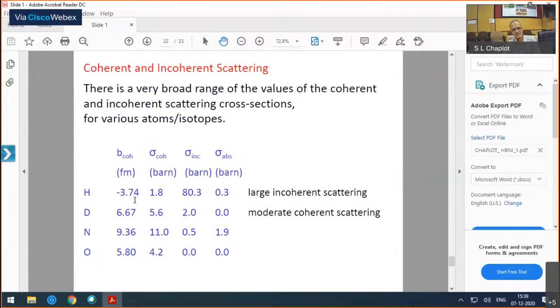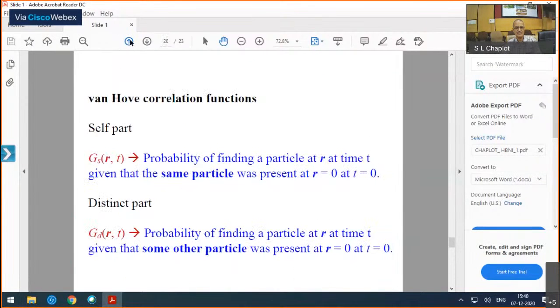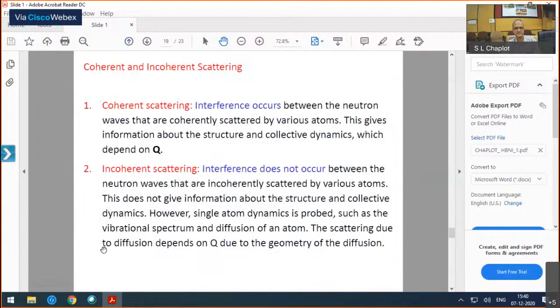But what is relevant here is that hydrogen has a large incoherent scattering cross section. Remember we just said that if you look at the diffusion of a single atom, it essentially gives you incoherent scattering, although it also gives you coherent scattering.